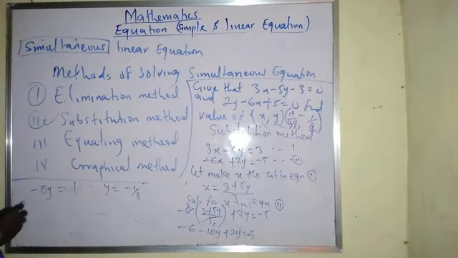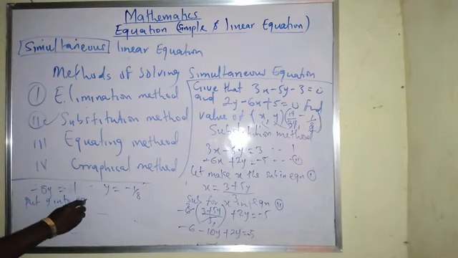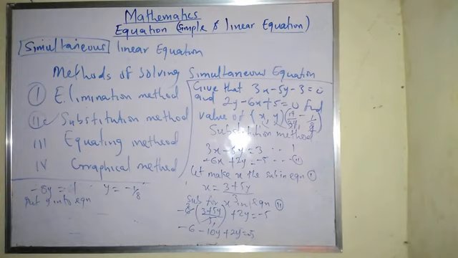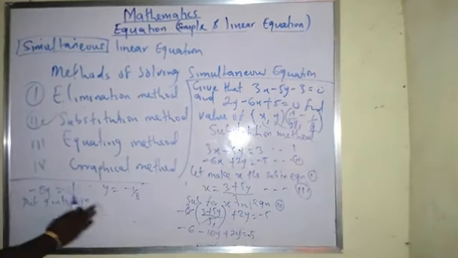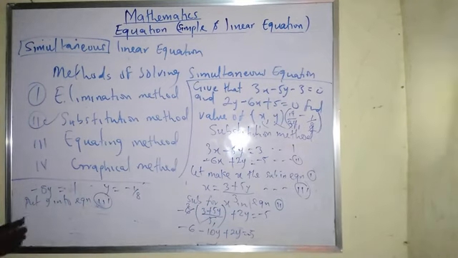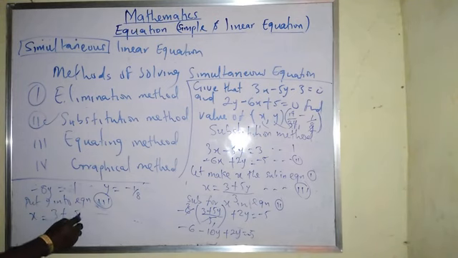And substitute or put y into any equation. Let me call this one equation 3, the new equation. It means my x equals, anywhere you see y, represent it by this. That's what is called substitution. 5 bracket of minus 1 all over 8 divided by 3, which will be 3 minus 5 all over 8 divided by 3.